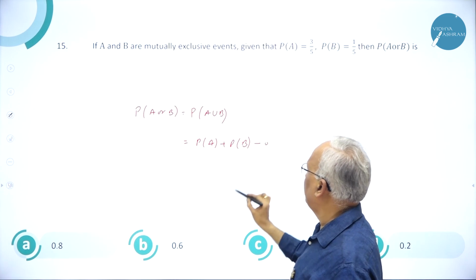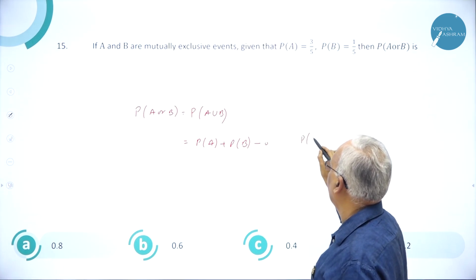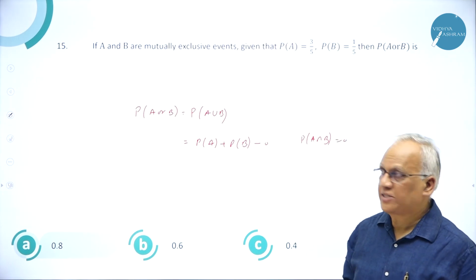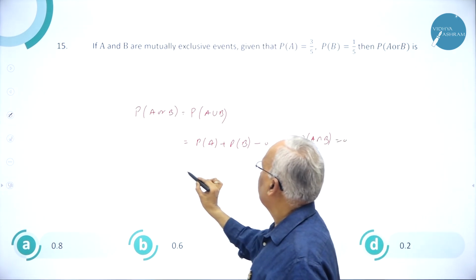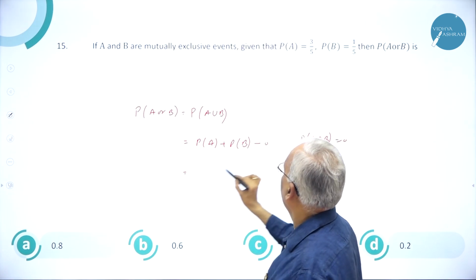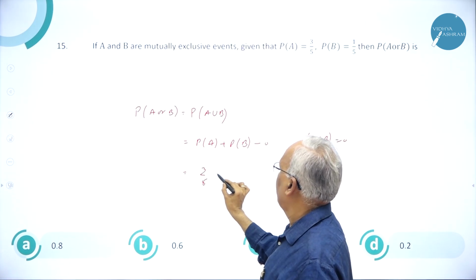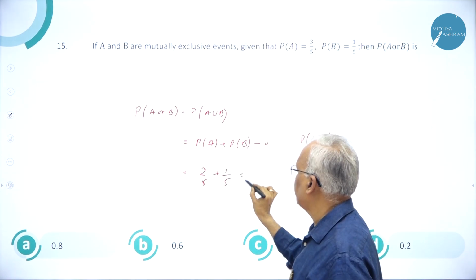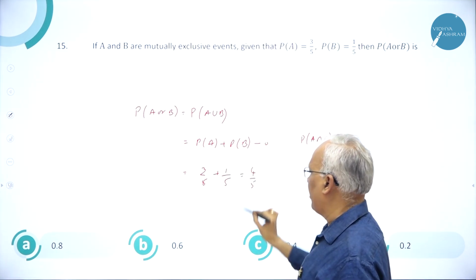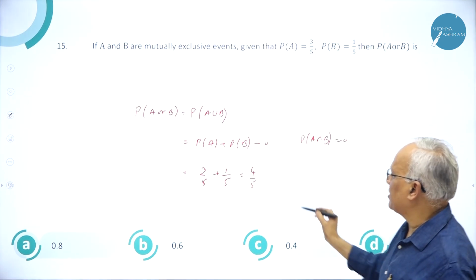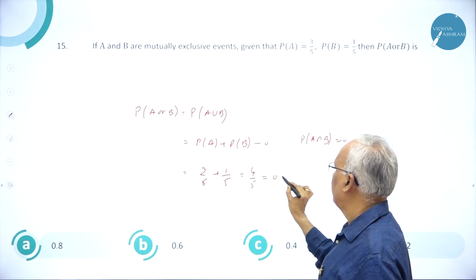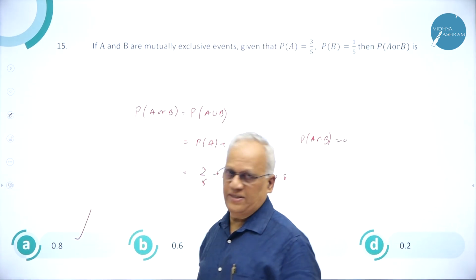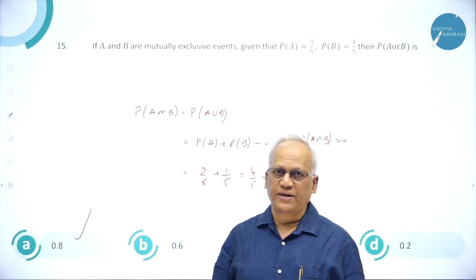So it is 3 by 5 plus 1 by 5, which is 4 by 5, nothing but 0.8. So this is the answer, given in decimal form.